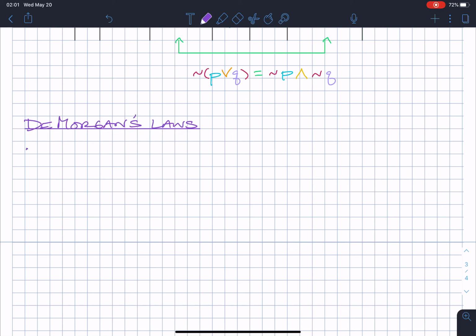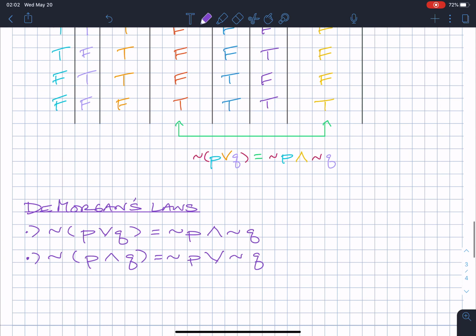So the first of De Morgan's laws is if I negate an or, so the negation of P or Q, then I get the negation of P and the negation of Q. Similarly, if I negate an and, P and Q, I get the negation of P or the negation of Q. So these are De Morgan's laws. Okay, hopefully that makes sense, and I'll see you in the next section.